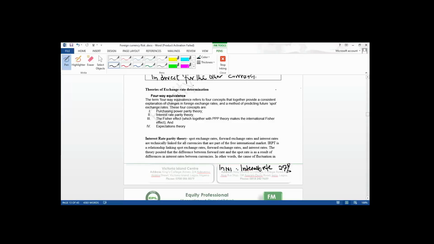For example, check interest rates in Nigeria.